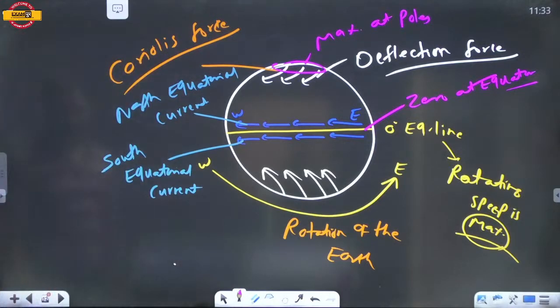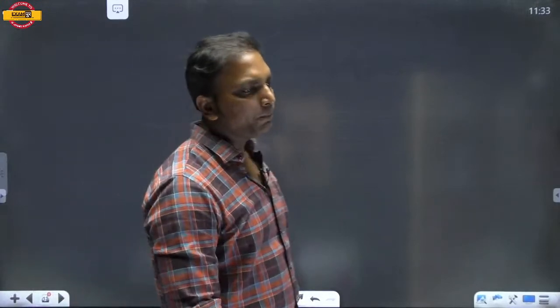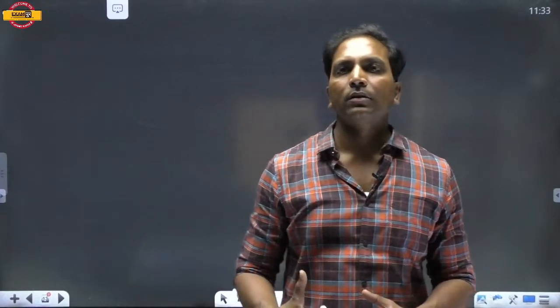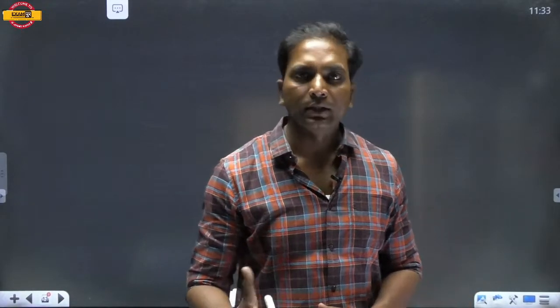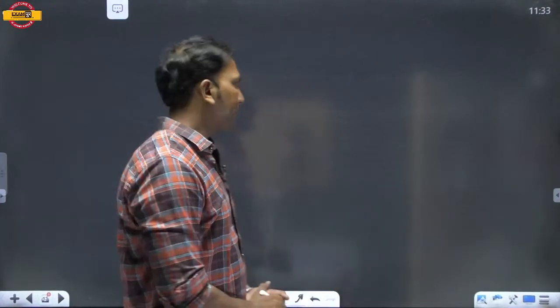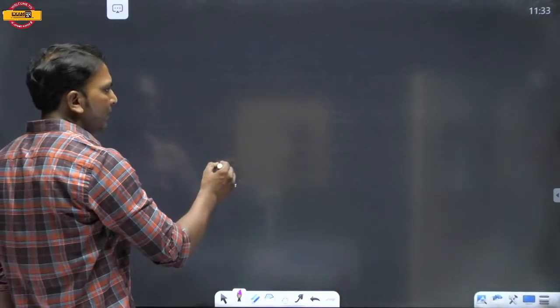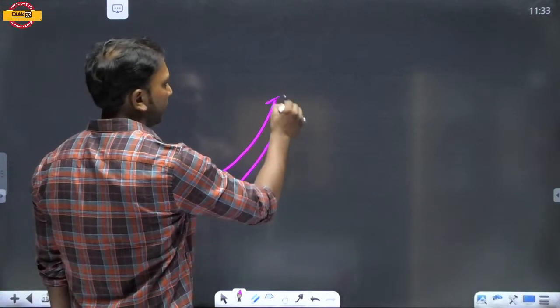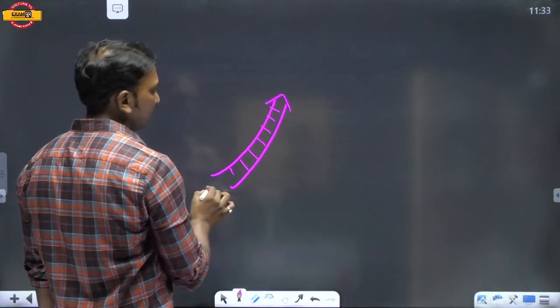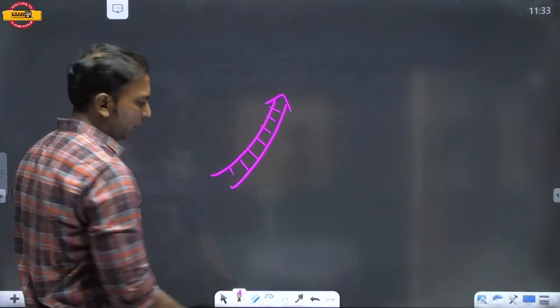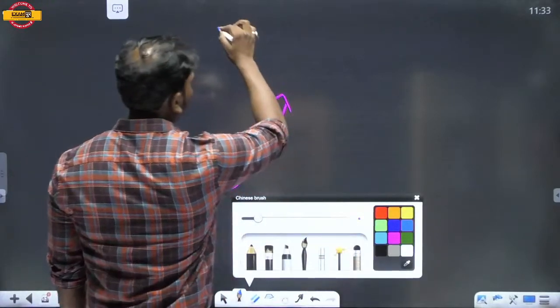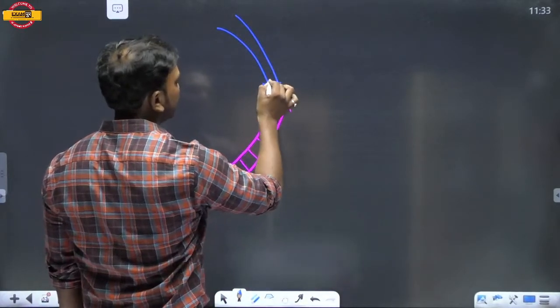Now we are coming to the next concept, how the prevailing winds generate currents. So let's see. Here we are seeing a current is moving from this side to that way, and at this place another current is moving.